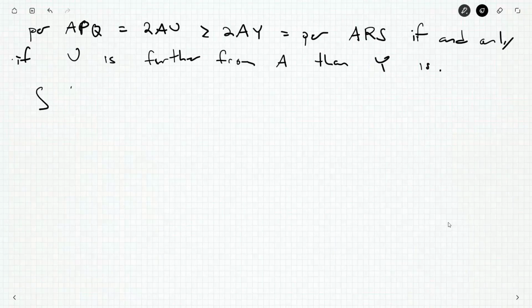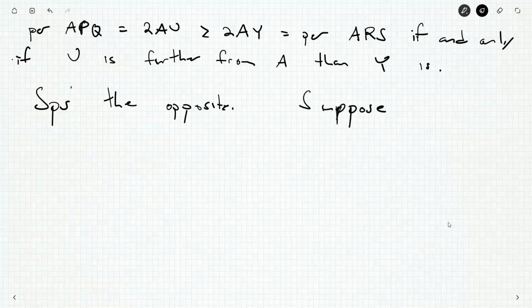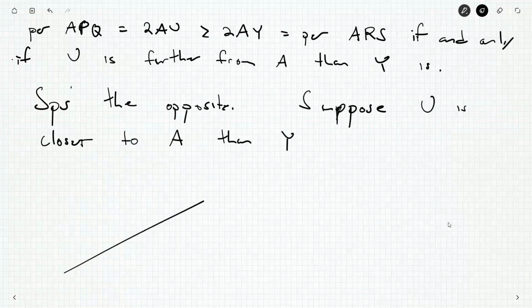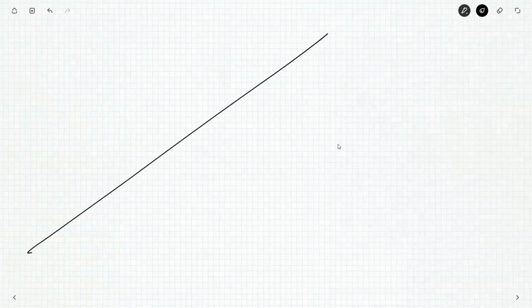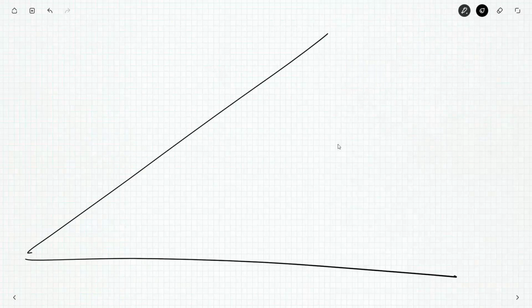Okay, so let's suppose the opposite. Suppose U is closer to A than Y. So what do we have in terms of a picture? We'll flip the page again. So what would that look like? I forgot to draw my circle first again.